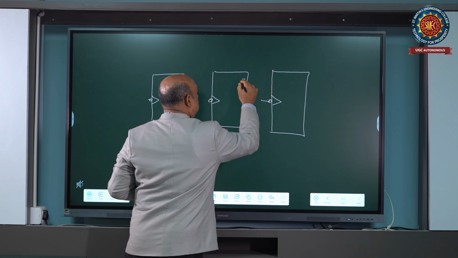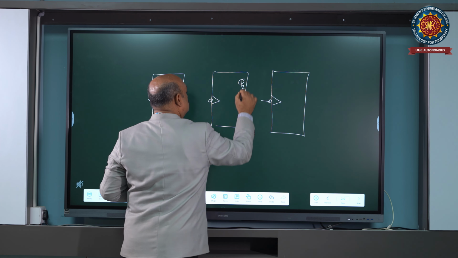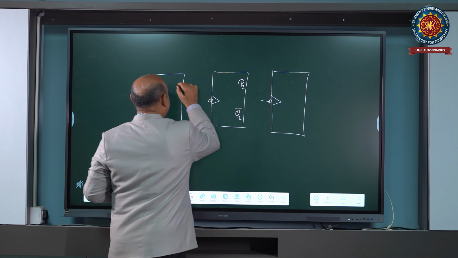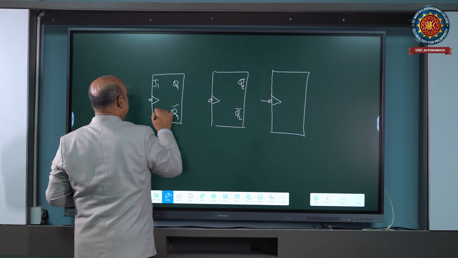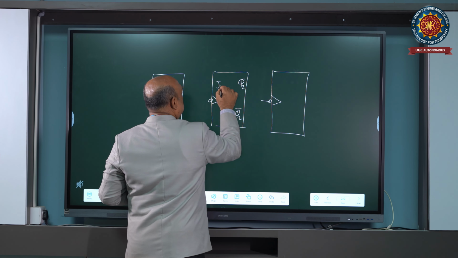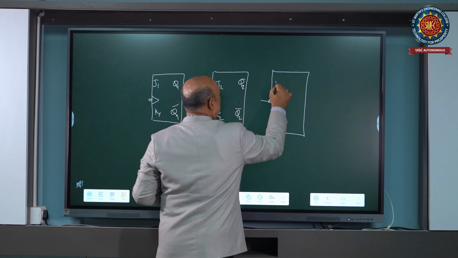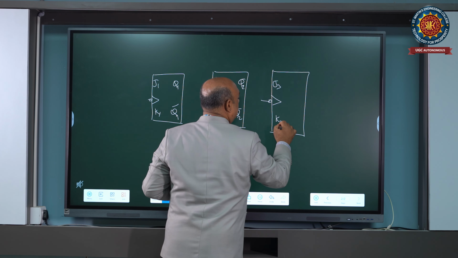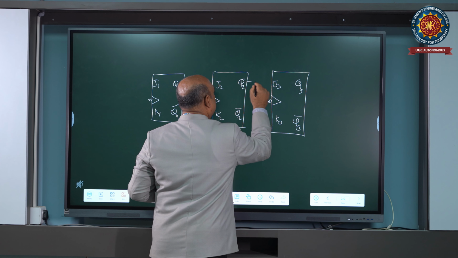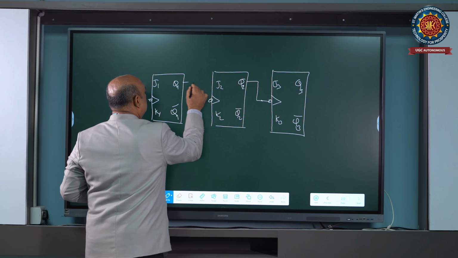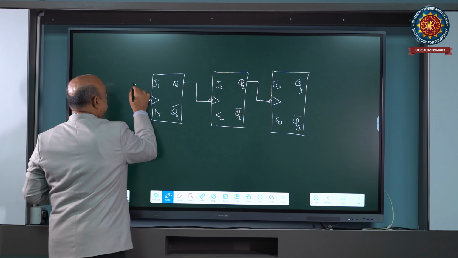We have clock pulse, Q1, Q1 bar, J1, K1, J2, K2, Q2, Q2 bar, J3, K3, Q3, Q3 bar. I've connected the output as the clock pulse to the next flip-flop.